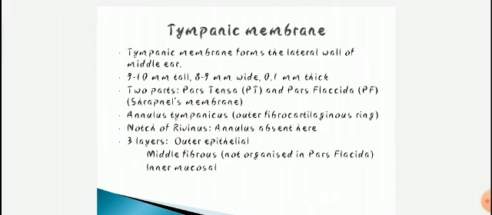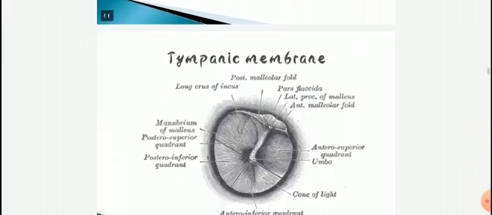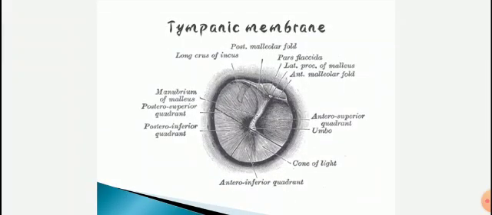When we see tympanic membrane by otoscope, you can always see umbo and handle of malleus, and if it is thin, you can also see incus through it. In normal TM, you can appreciate cone of light also.